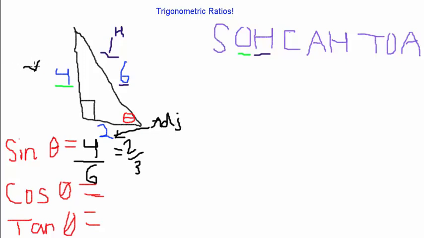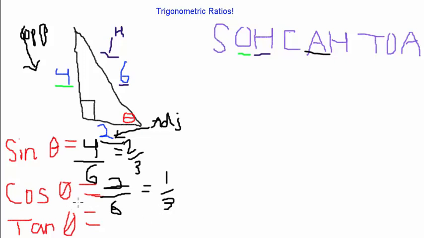And let me also label this as opposite because I forgot to. Right? And so our cosine this time is going to be our adjacent, which is 2 here, over the hypotenuse, which is 6 here, and 6 reduces down to 1/3, right?